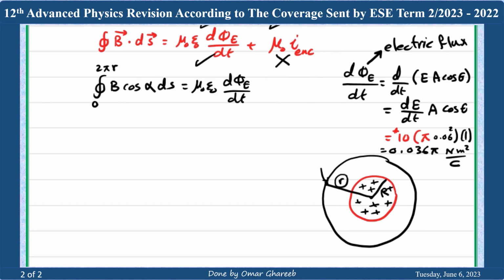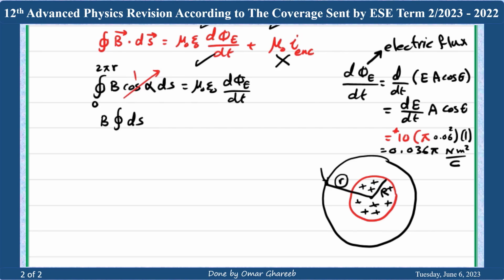B is the same all along the path because it has the same distance from the center, so I can take it out of the integral. Then I have the integral of ds, and alpha is 0, cosine 0 is 1. What is alpha? It is the angle between the B field, the magnetic field, and the path.